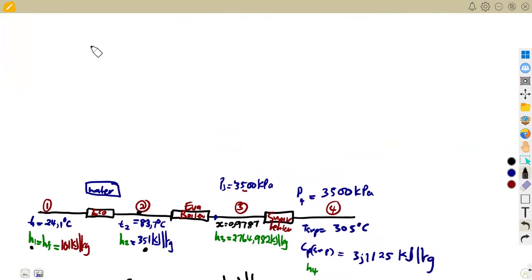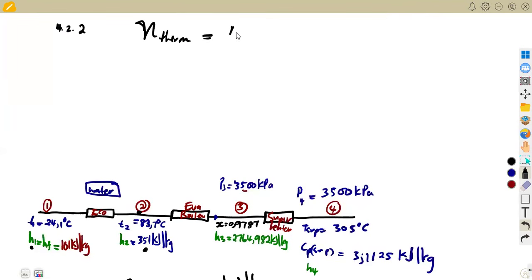So this is 4.22. In order for us to have the thermal efficiency, we understand that this formula is also given, we have it. But you need to understand your formula.